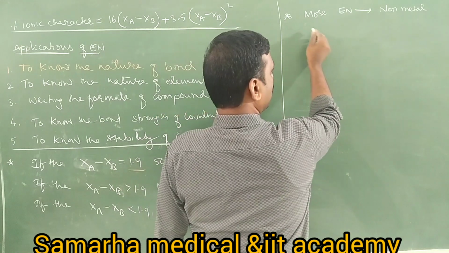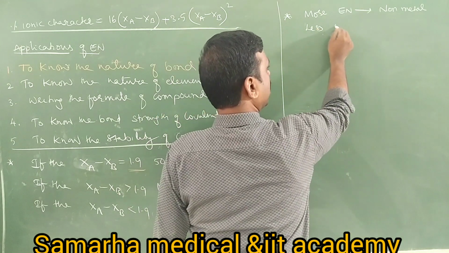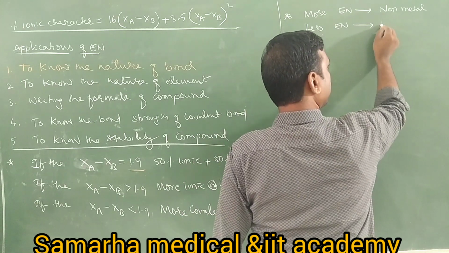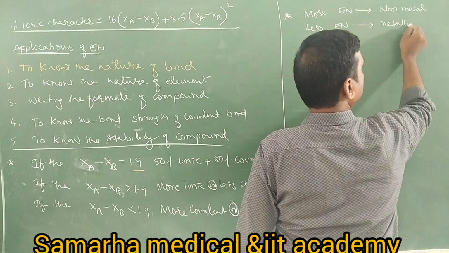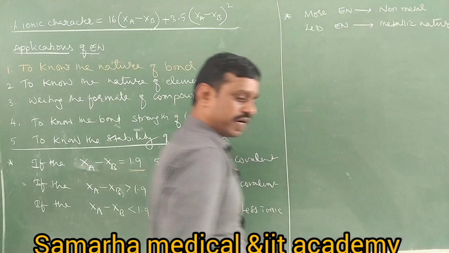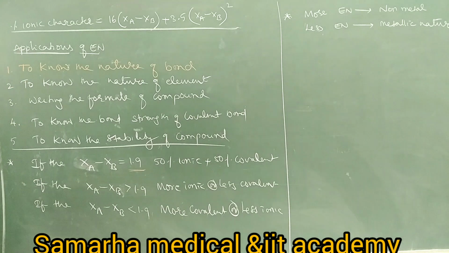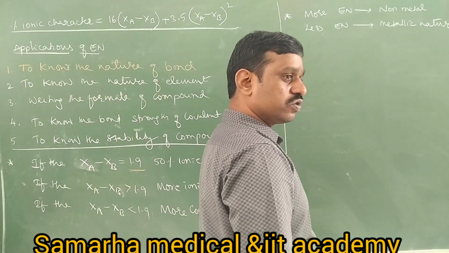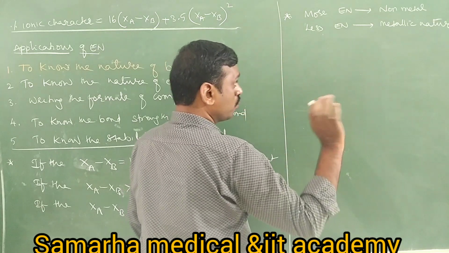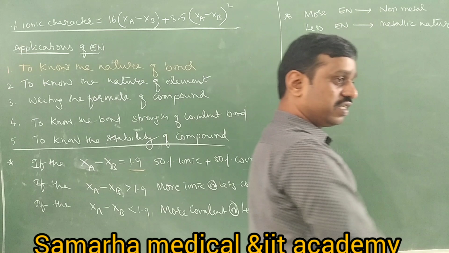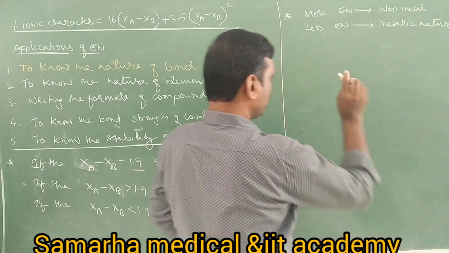Similarly, if it has less electronegativity, it has metallic nature. So whether a given element is metallic or non-metallic can be identified based on electronegativity values. Now you may have a doubt: how much value can be taken as a metal, and how much as a non-metal? It is not like that.